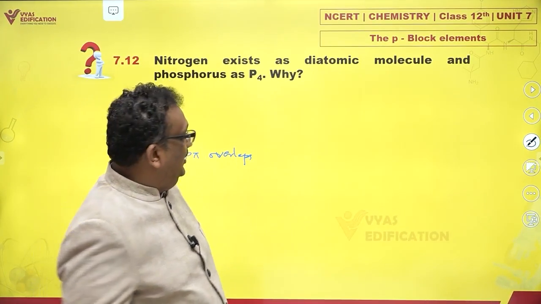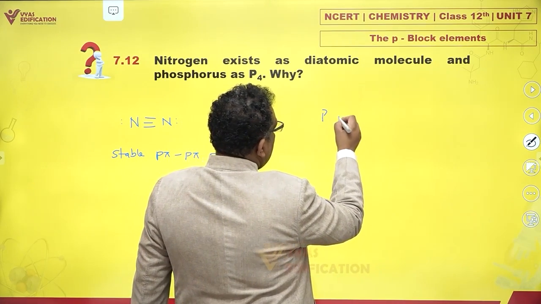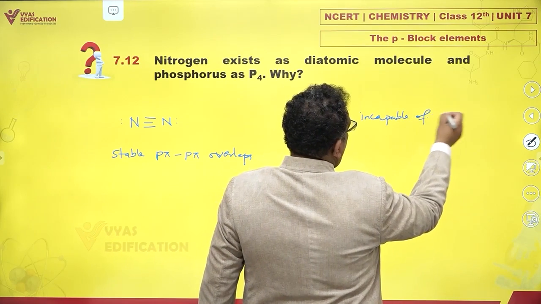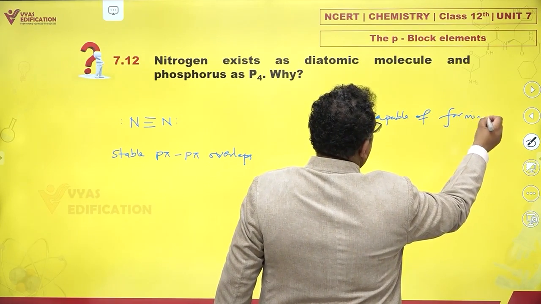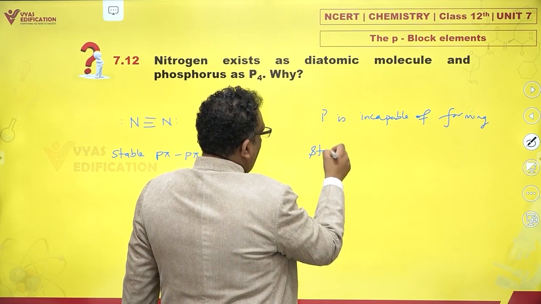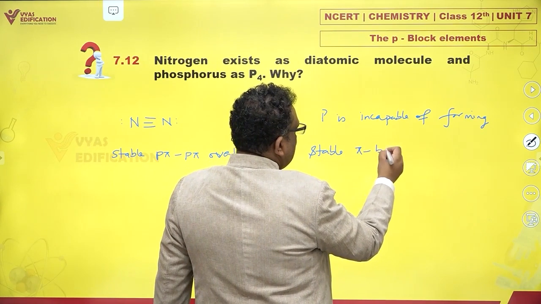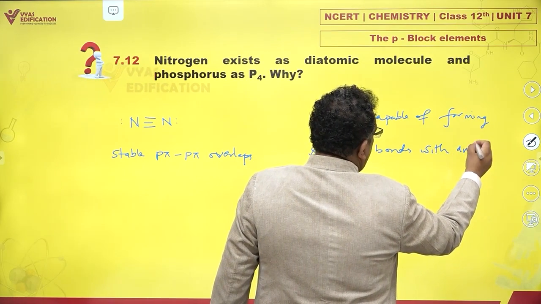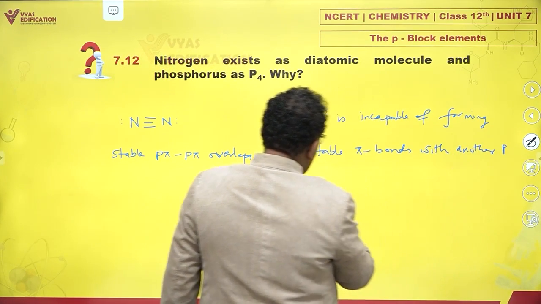So you find that phosphorus is incapable of forming stable pi bonds with another phosphorus atom.